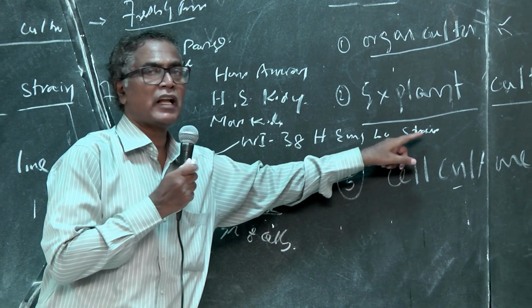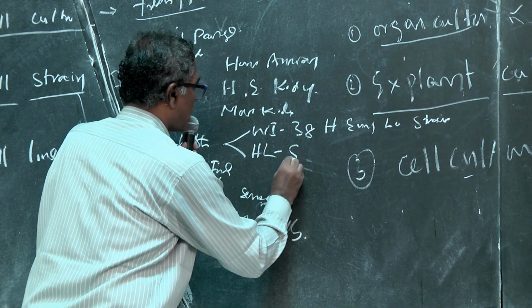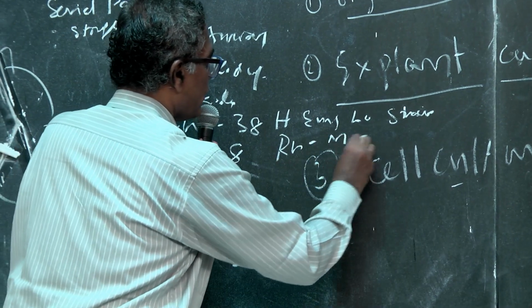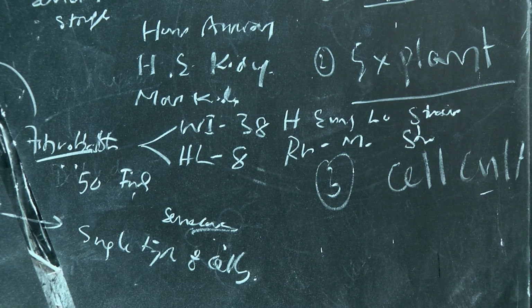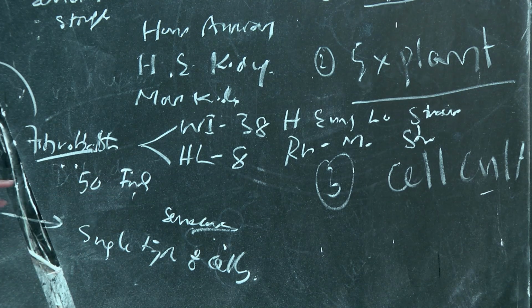So here, for a diploid cell strain, you always have to mention the strain: human embryo lung strain. Or another is HL8, rhesus monkey strain. So the important feature is that it is from the fibroblasts, which allows serial passage only up to 50 times. Afterwards senescence of the cells occurs.